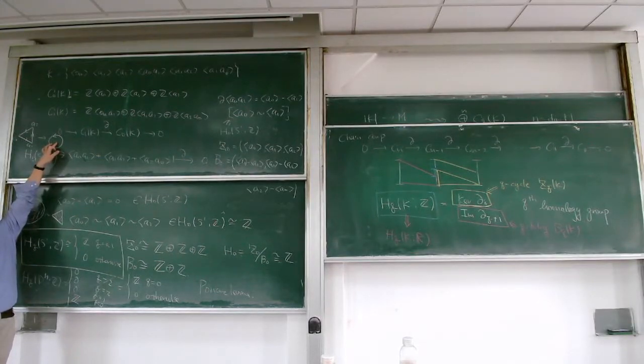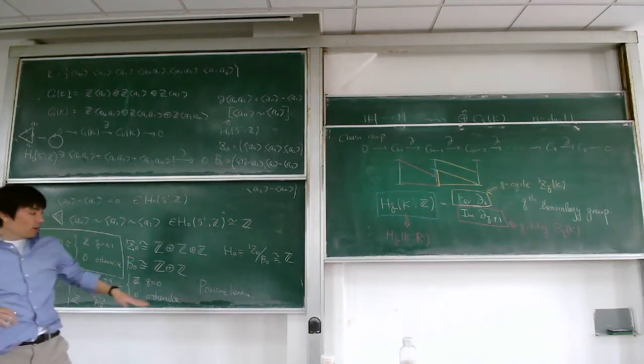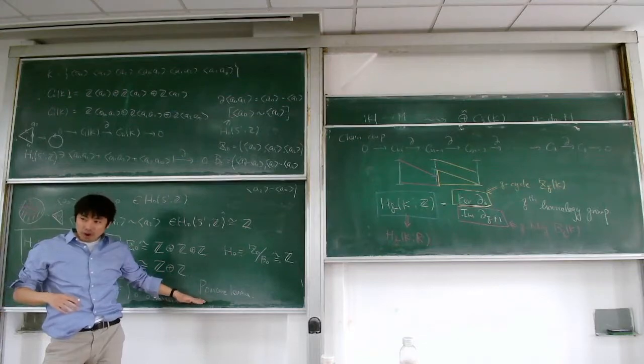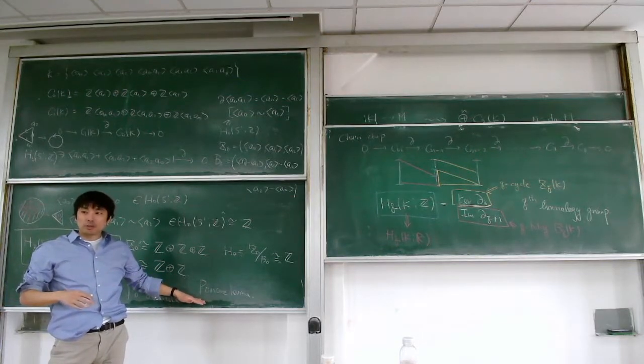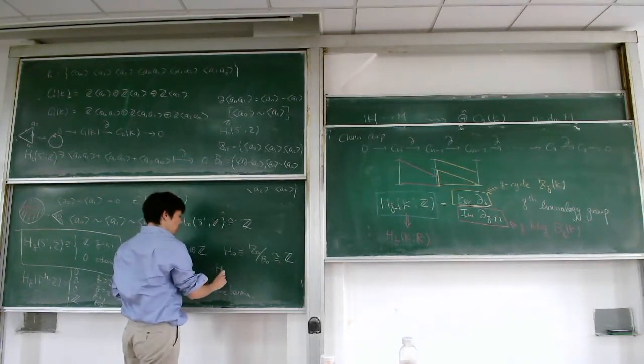So therefore, you cannot shrink to the point. So that's the difference. The Poincare lemma appears in de Rham cohomology. Do you remember? The Poincare lemma of de Rham cohomology.